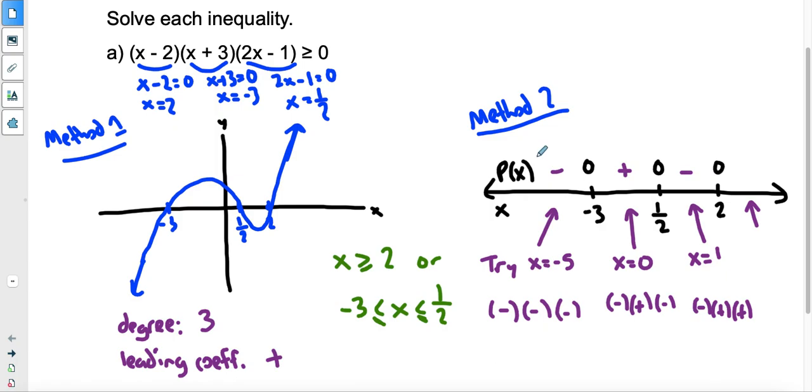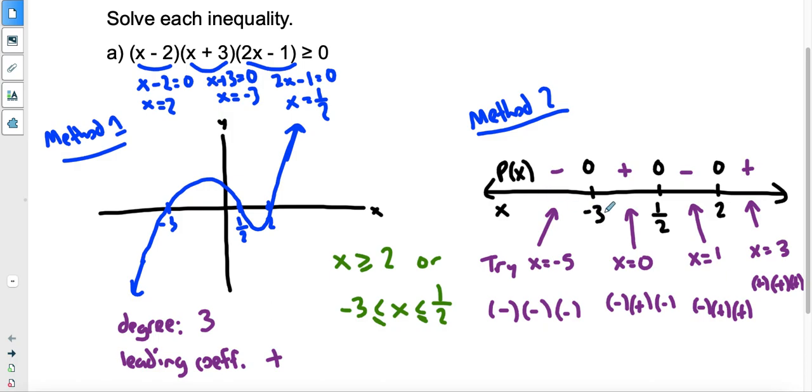And I'm going to do the same thing when x is greater than 2. So I'm going to plug in a value greater than 2, say 3. And then we're going to identify, is it positive or negative there? Okay, we're multiplying three positive numbers together. So our answer is going to be positive.